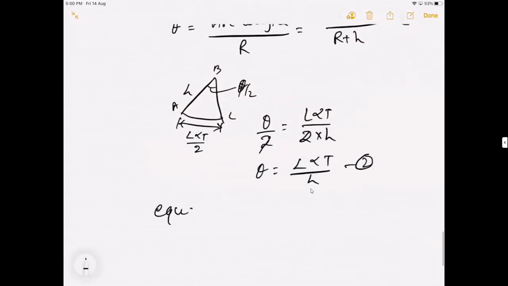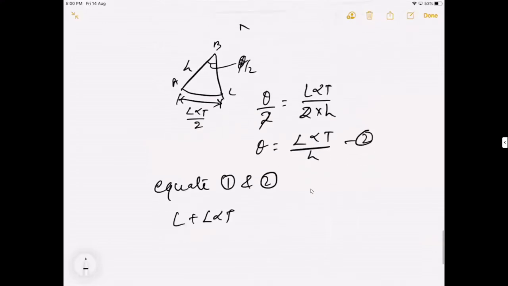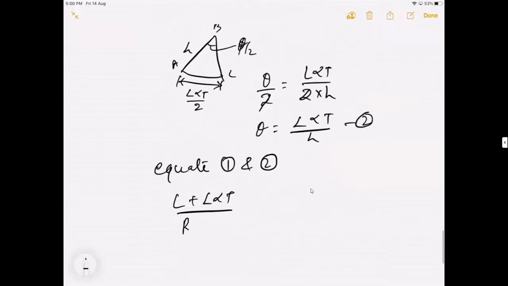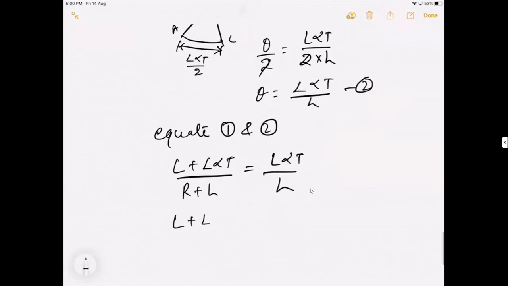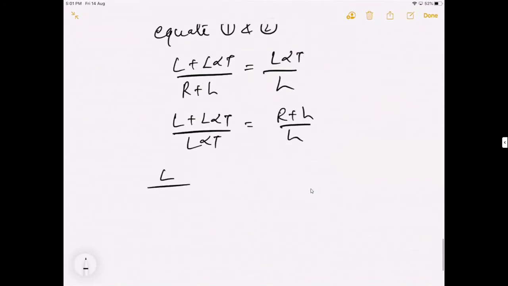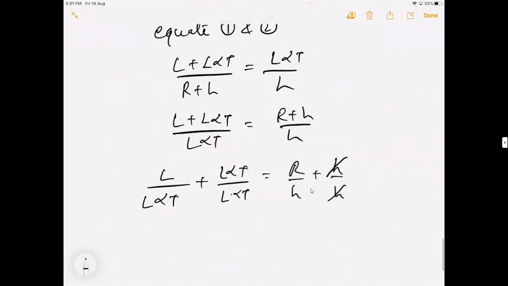Now I can equate 1 and 2. So L plus L alpha T divided by R plus H is equal to L alpha T by H. Now I want to solve this equation. So L plus L alpha T divided by L alpha T is equal to R plus H by H. This will be equal to L upon L alpha T plus L alpha T divided by L alpha T is equal to R by H plus H upon H. So this is cancelled out, this is cancelled out, and this is cancelled out.